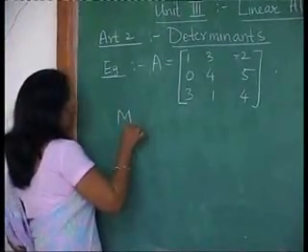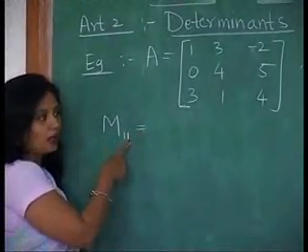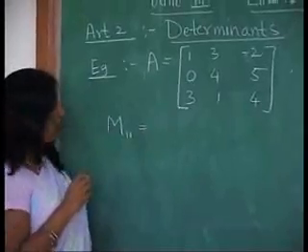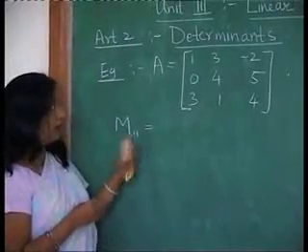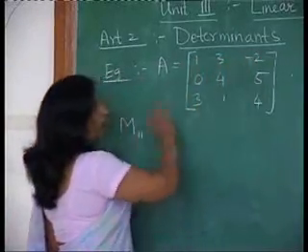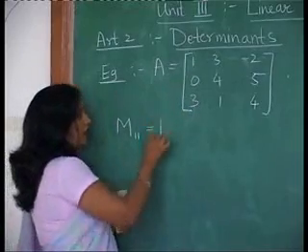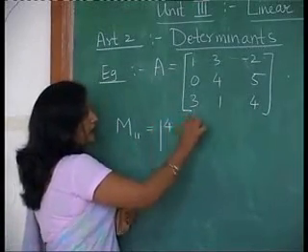Let us start with the minor of the element in the first row, first column. Remember what the definition says. To calculate the minor of the element in the first row, first column, delete the first row and the first column. Take the determinant of the remaining submatrix.